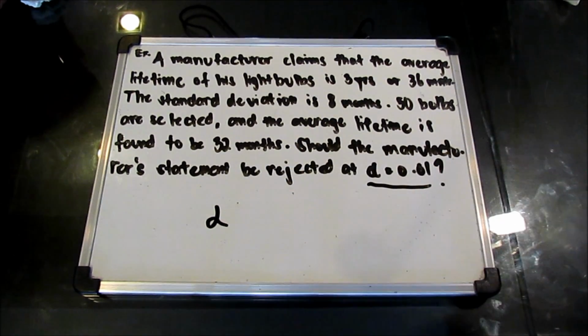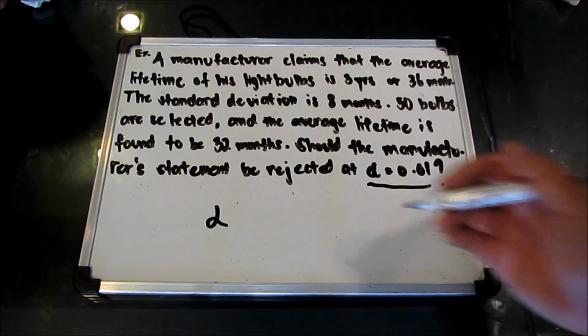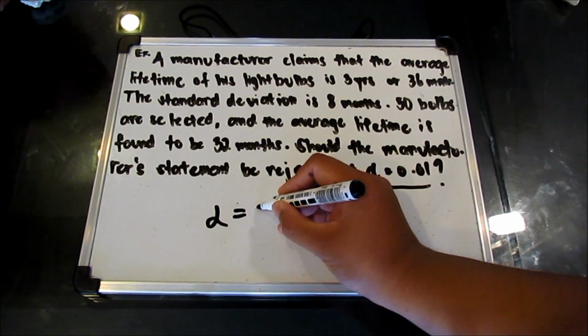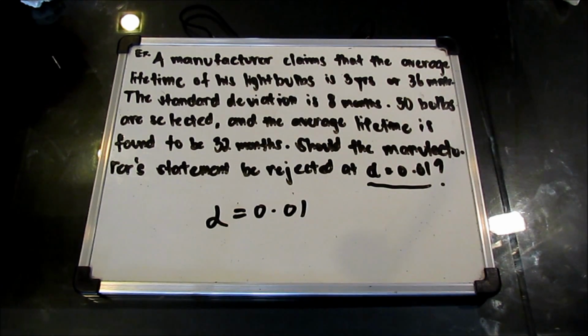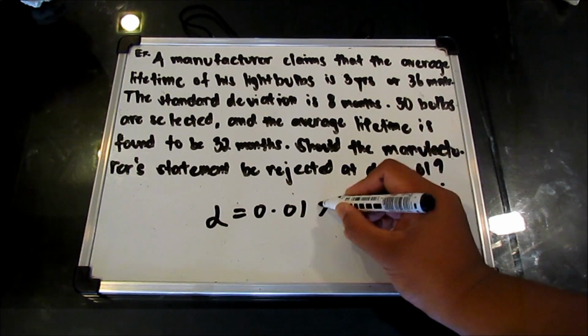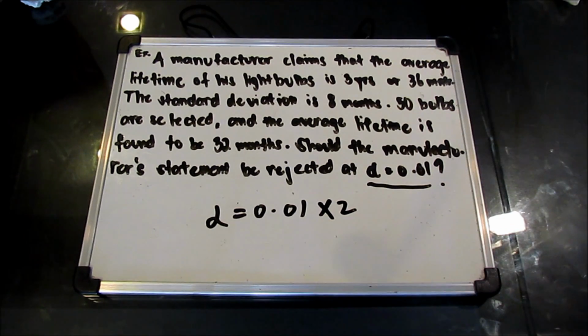So if it is two-tailed, you multiply the level of significance by 2, which will give you the answer of 0.02.